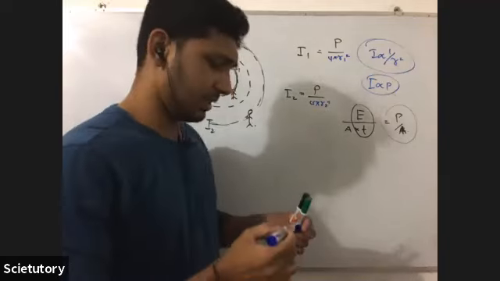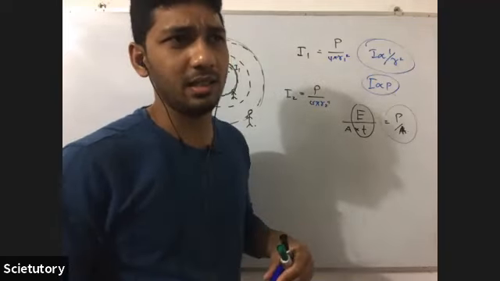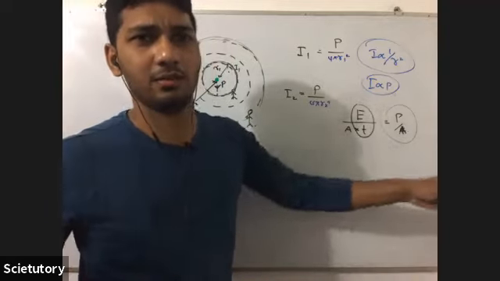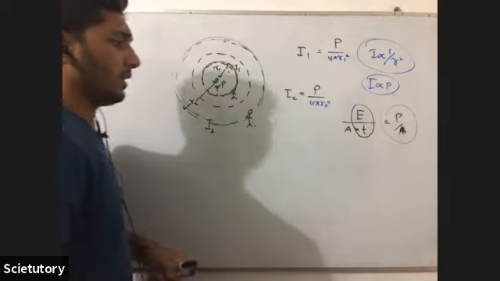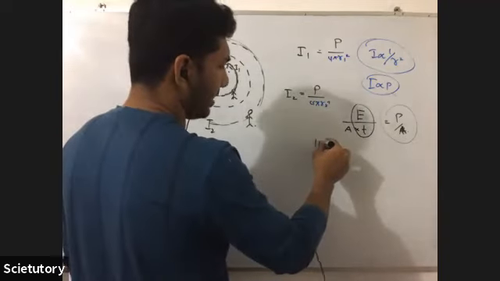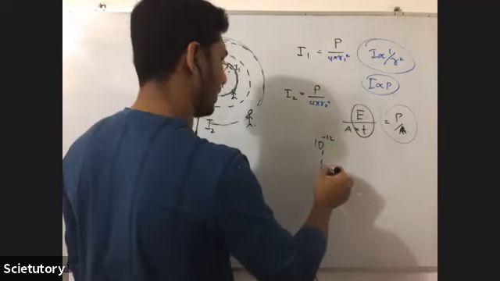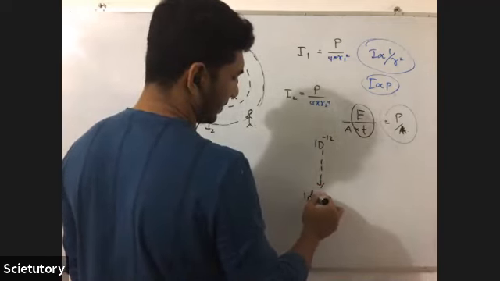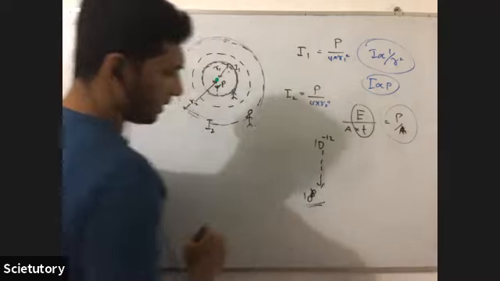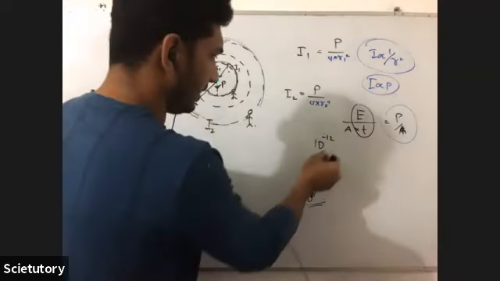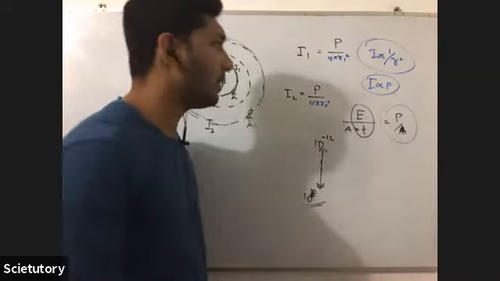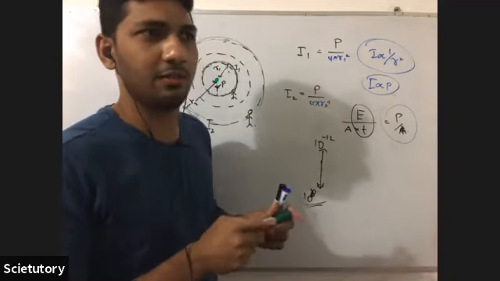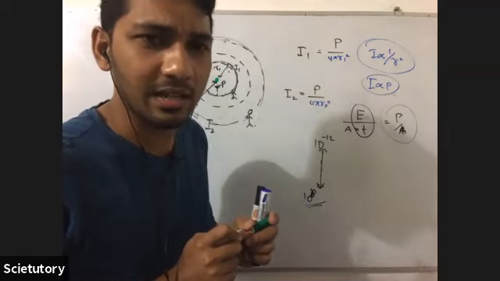But when you calculate the intensity, it varies very much. For example, it ranges from 10 to the power of minus 12 to 10 to the power of, for example, 8. Within this range, it is very difficult to use the intensity. So we introduced something called intensity level.